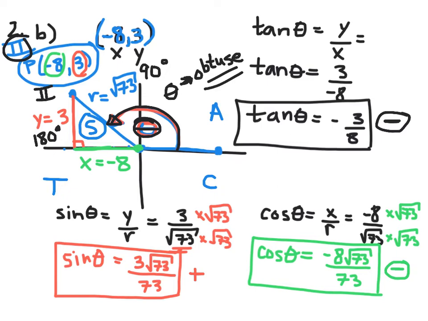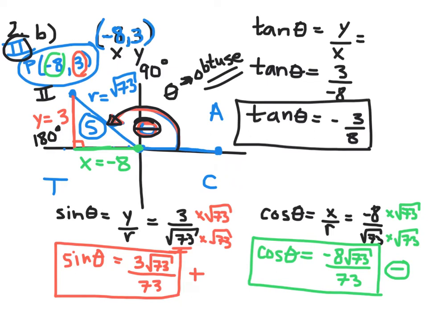Now, question number 4 asks us to calculate the value of theta to the nearest degree. Does it matter which one of these you choose to calculate theta? The answer is no. What I would pick is the easiest thing to use. The answer may not give you the answer right away, but you want to pick the easiest of all three.